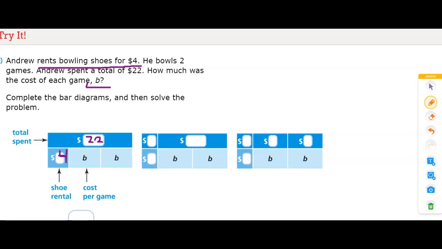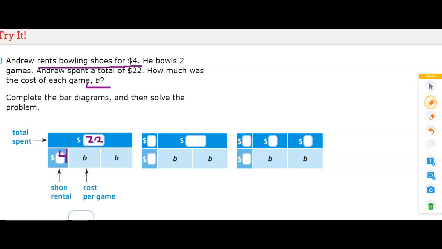So he's bowling the 2 games that are represented by B, and we need to solve to figure out how much each of the games were. So we have to write this out as an equation.